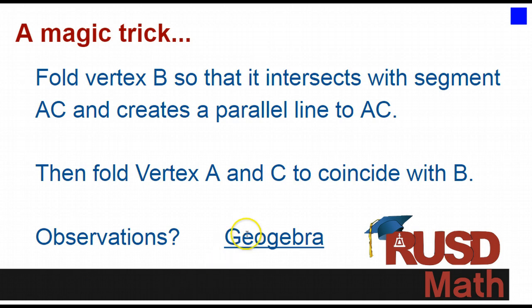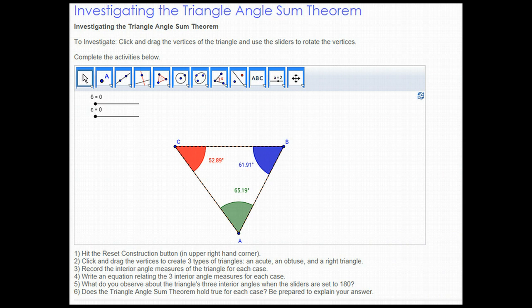I'm going to click on this link to GeoGebra, and it's going to take us to see what you may have already seen. Once you click on that GeoGebra app, it takes you to this interactive homework assignment. If you've noticed, the instructions are here at the top, and down below here is the assignment for the students.